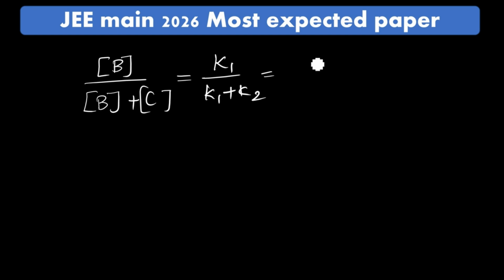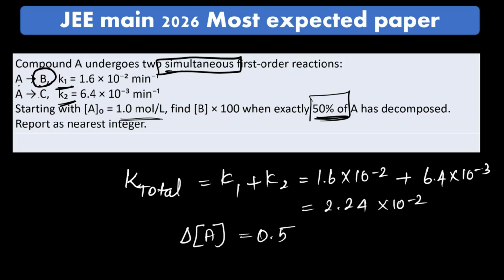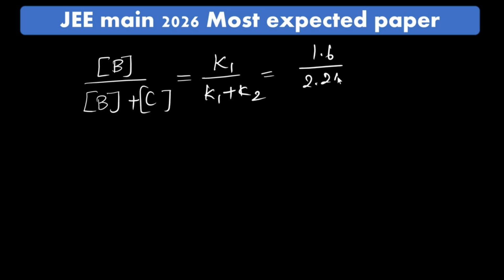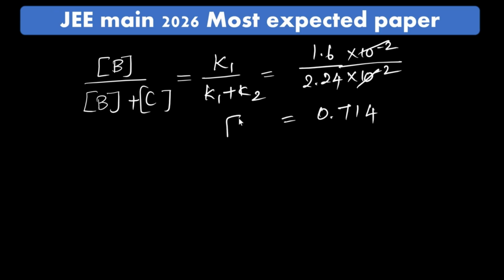Substitute the values over here: 1.6 into 10 to the power minus 2 by 2.24 into 10 to the power minus 2. The 10 to the power minus 2 will get cancelled out. The remaining value is 0.714. So that is B by B concentration plus C concentration.